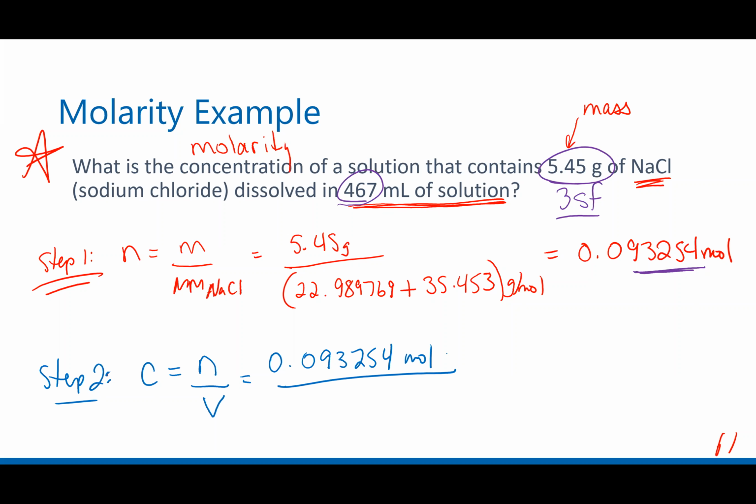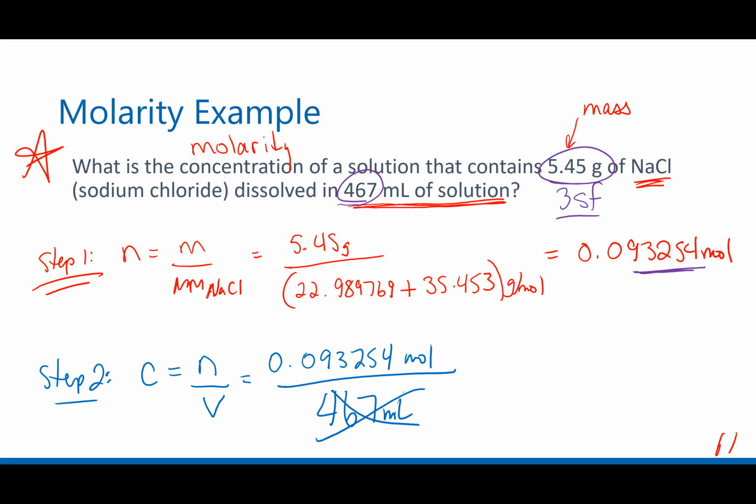Now, the next part. This would probably be worth 3 marks. You would get half of a mark for calculating molar mass, half of a mark for the next step, which is what I'm going to show you, and then a mark each for calculating moles and then finding the answer. I cannot write 467 milliliters here.